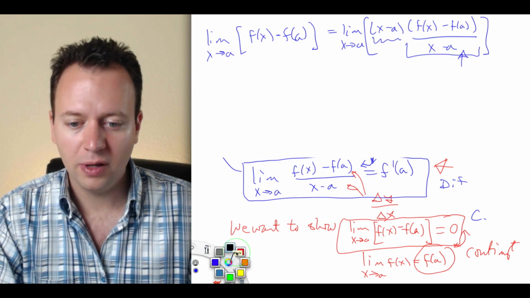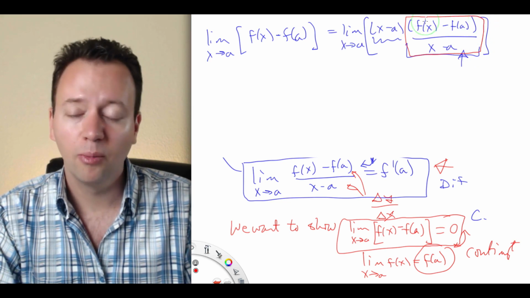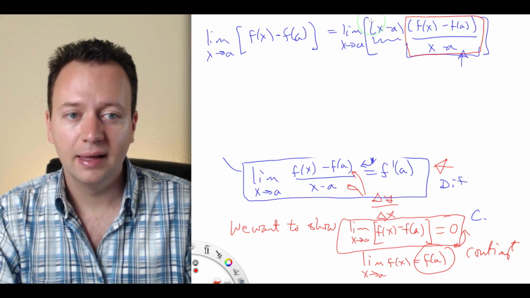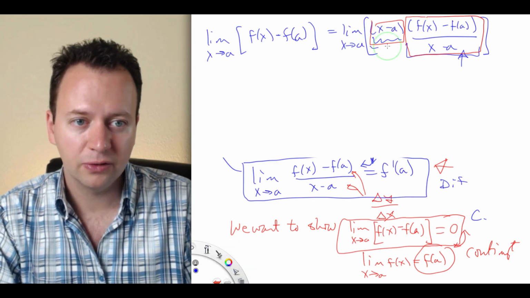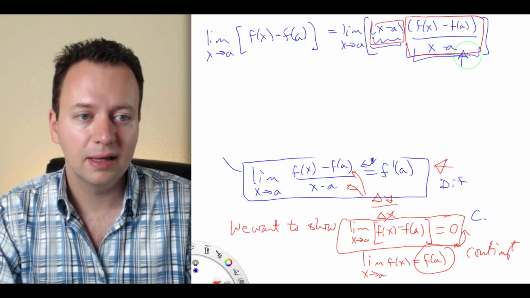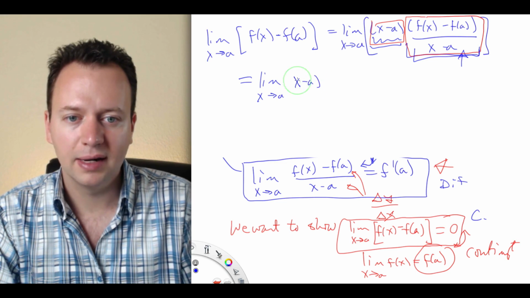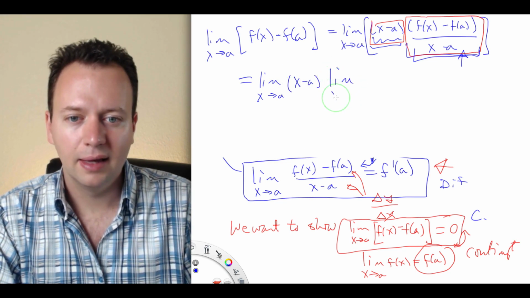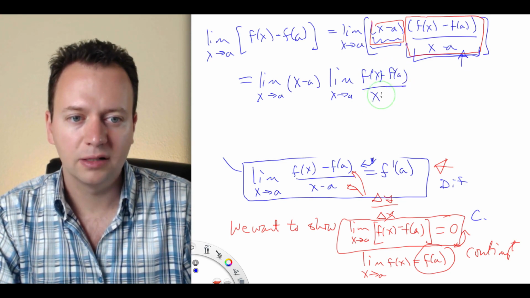Differentiability tells us that this part approaches a finite value. Because the limit of each factor exists, by the limit laws, this is equal to the limit as x goes to a of x minus a times the limit as x goes to a of f of x minus f of a over x minus a.